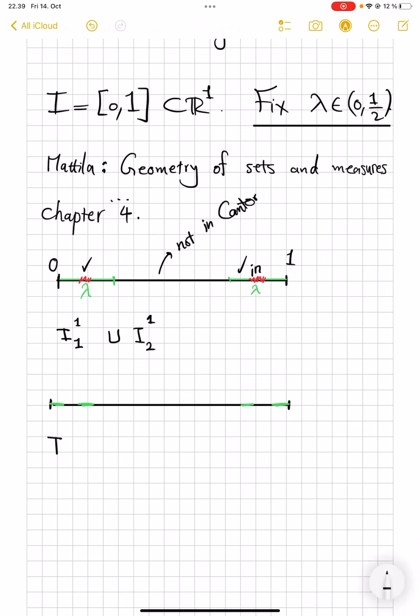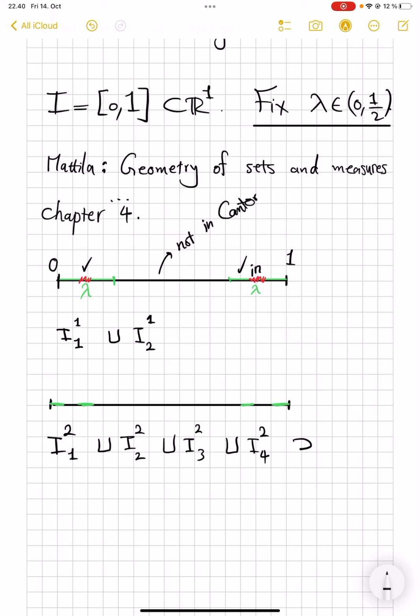So these will be the level 2 intervals, and there will be 4 of them. So you have I2,2, you have I2,3. So I'm using the superscript to say what level I am at, and then the subscript is just counting or indexing, say from left to right, all the subintervals.